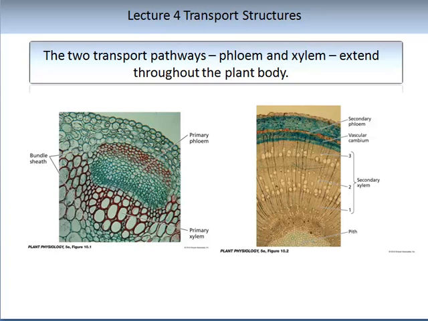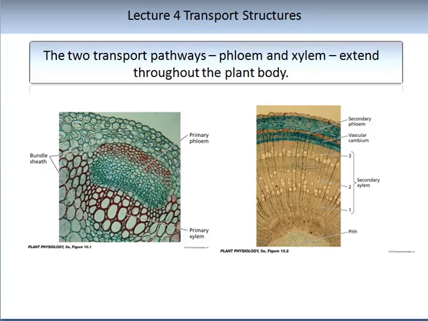So once the solute has passed the Casparian strip, it can then enter the transport structures. As stated previously, there are 2 principal transport structures, the phloem and the xylem. Nutrients, minerals and water tend to travel in the xylem. The images on the slide show 2 pictures of phloem and xylem.